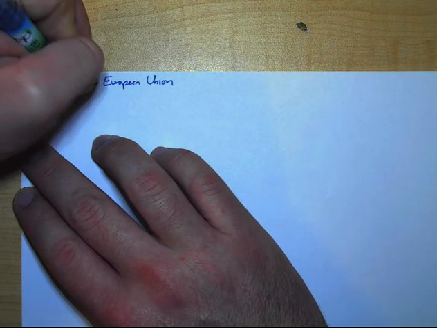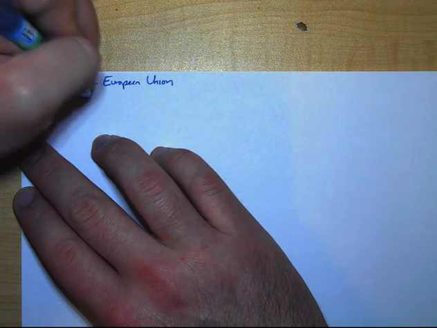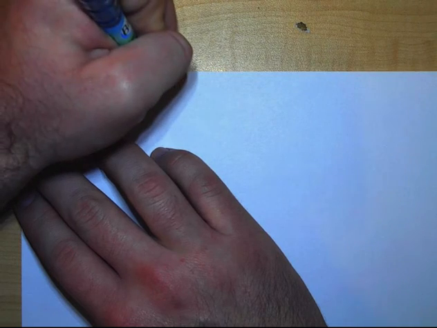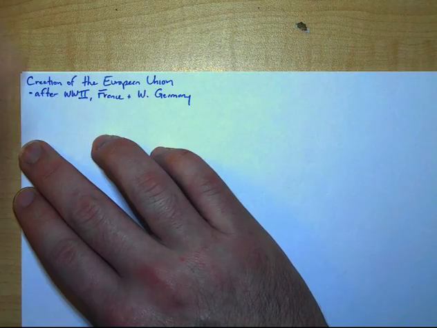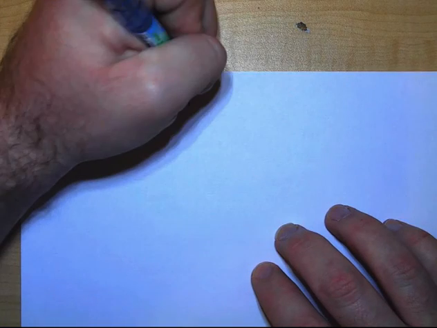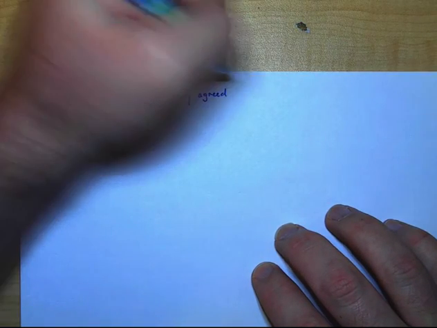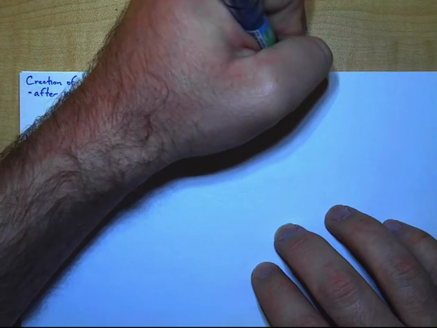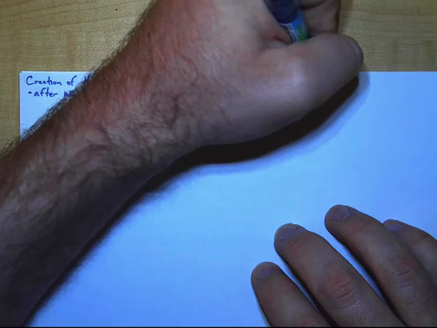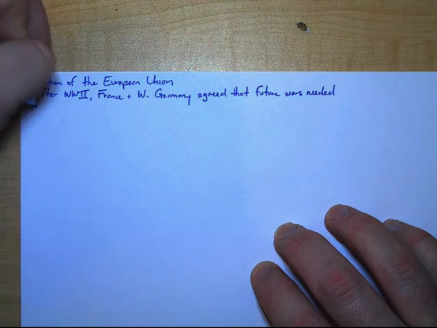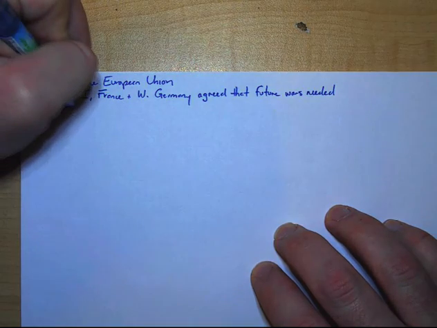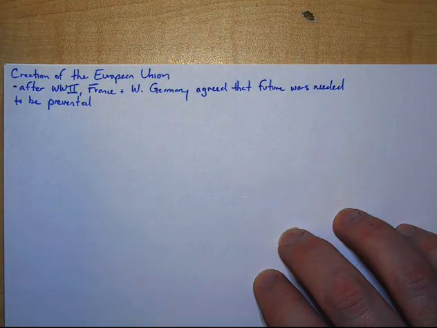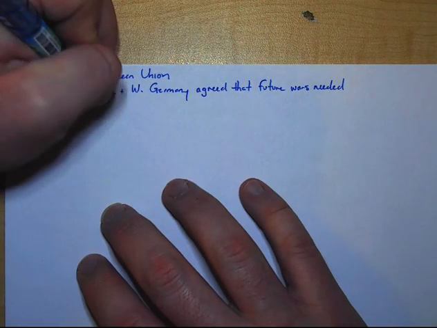After World War II, France and West Germany agreed that future wars needed to be prevented, and that to do that, they should target nationalism.